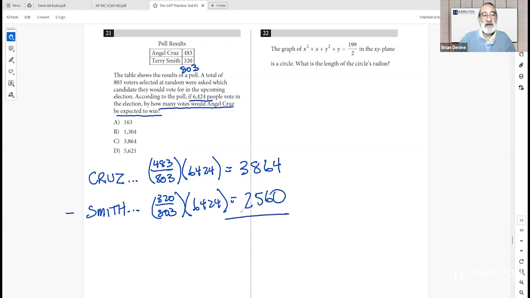And so I want to take Smith away from Cruz, and I get 1304. So 1304 would be the number of votes that we'd expect from this particular poll Cruz to win by. So B is your answer.